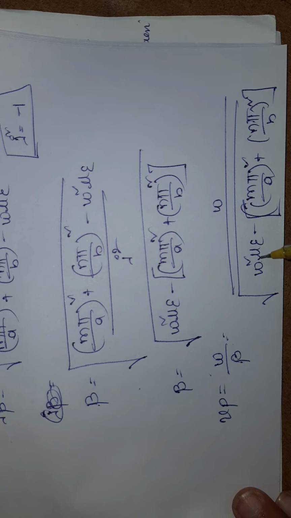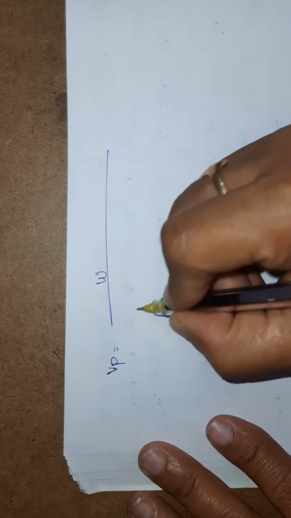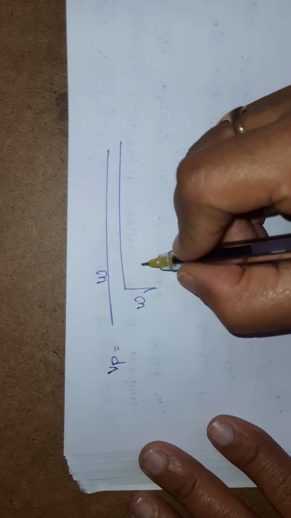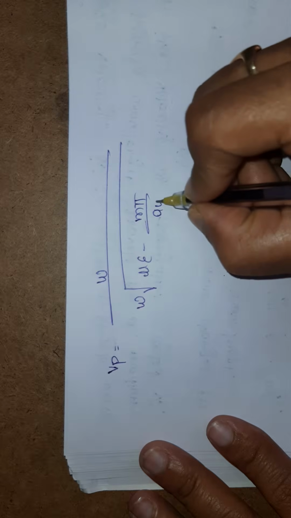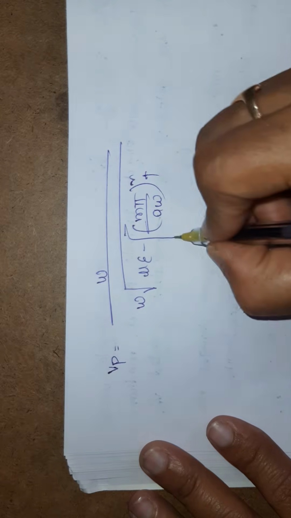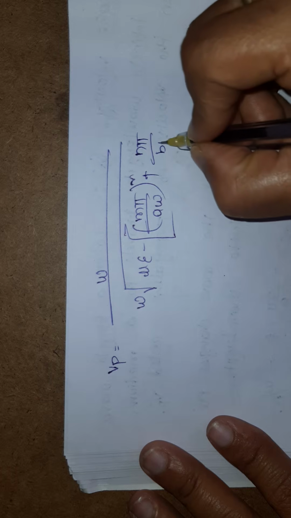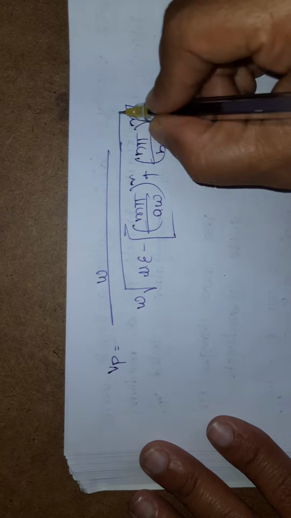Here omega square is there, and this omega square will be multiplied here in the denominator. So m pi by omega a whole square, and this omega gets cancelled. So Vp, phase velocity, is equal to 1 by the square root of mu epsilon minus m pi by a omega whole square plus n pi by b omega whole square.